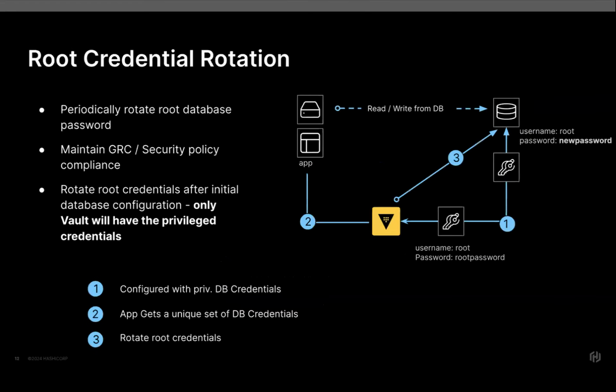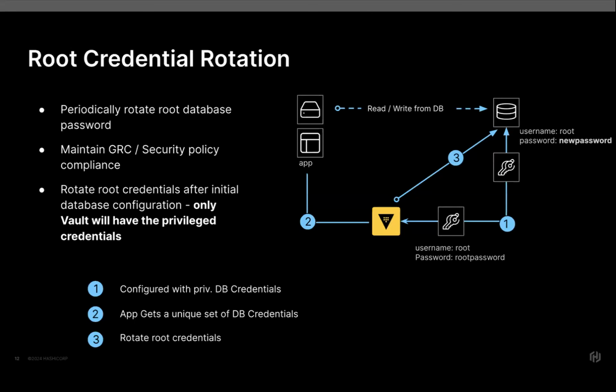And then the root credential rotation. So when you configure Vault, you are going to give Vault the root credential, right? Because Vault needs to be able to create a user, assign a role, create a role, and so on and so forth, right? You can ask Vault to rotate the password for you.